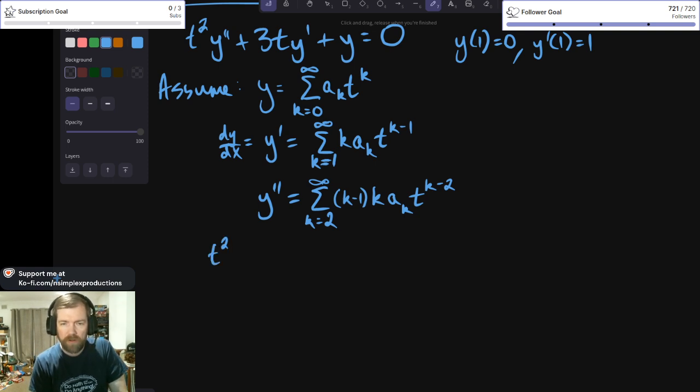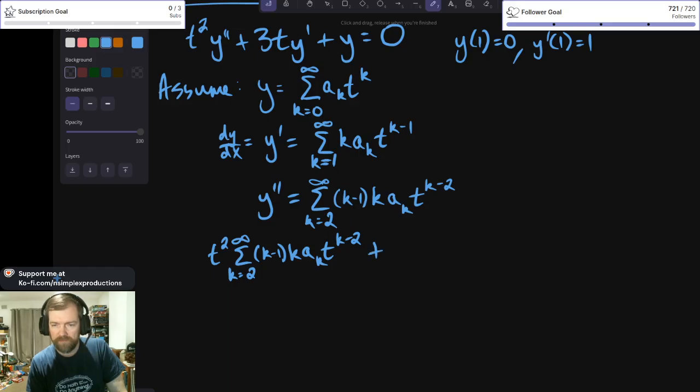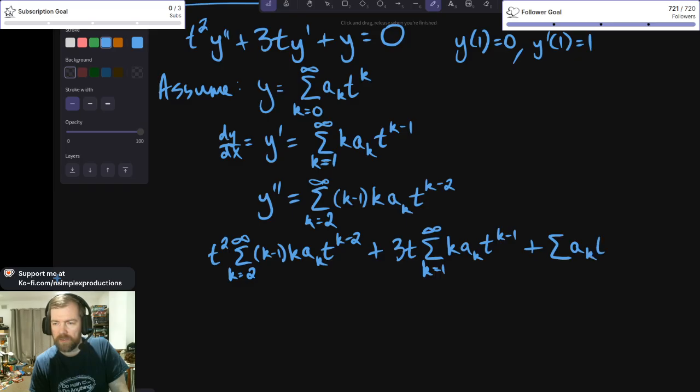So this is going to be t squared times y double prime, which is the sum from k equals 2 to infinity of (k minus 1) k a sub k times t to the k minus 2, plus 3t times the sum, as k goes from 1 to infinity, of k a sub k t to the k minus 1, plus y, which is just the sum of a sub k times t to the k, k goes from 0 to infinity. That is all equal to 0 with the above conditions.